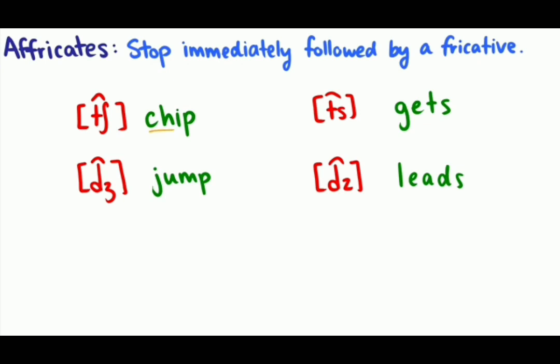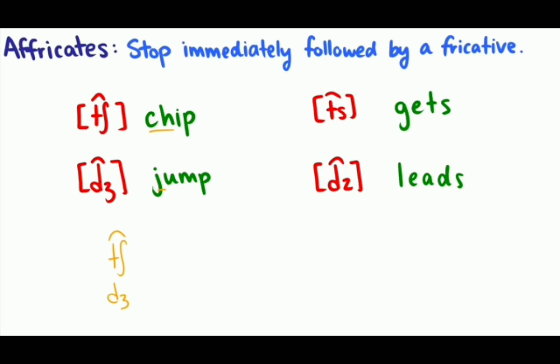If we think about the t and sh, those are two symbols, but we're doing them at the same time. So in terms of the t and sh, we're doing them together, ch, ch, and then we put the tie bar around the symbols to show that they're at the same time. Similar with the d and the zh, instead of doing the d and the zh separately, it's sometimes j, j.